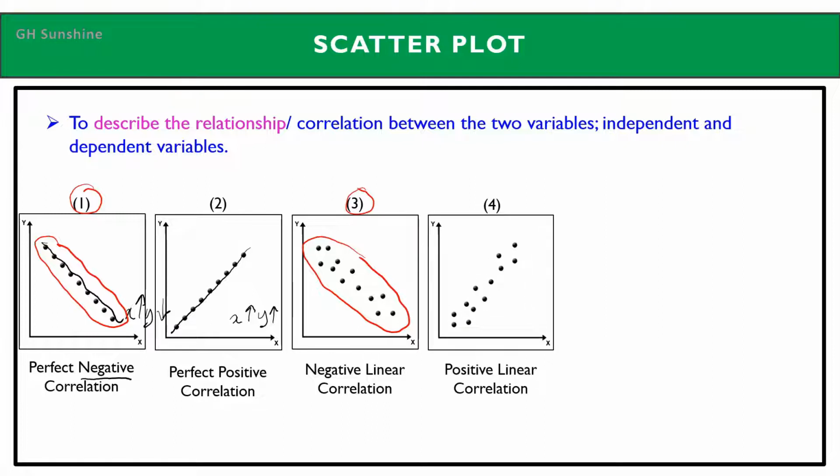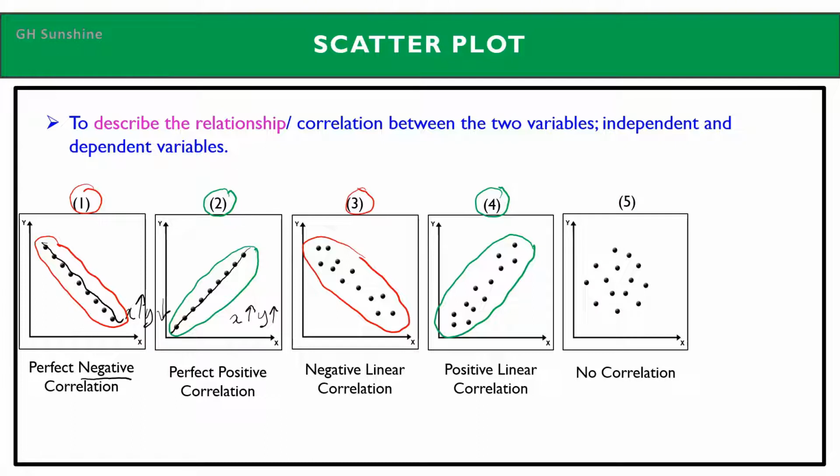Number 4, positive linear correlation. Compared to the second diagram, perfect positive correlation, this one represents positive linear correlation.